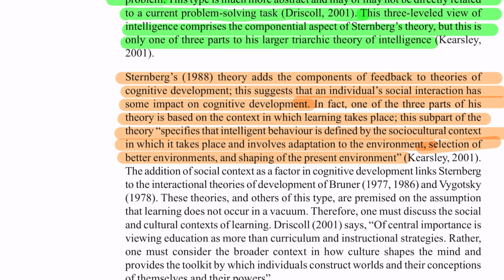Feedback: suppose you are behaving in a certain way with someone, and how that person responds will be feedback for you. If you interacted and the person responded well, you have learned how to respond in a certain situation with certain people, right?